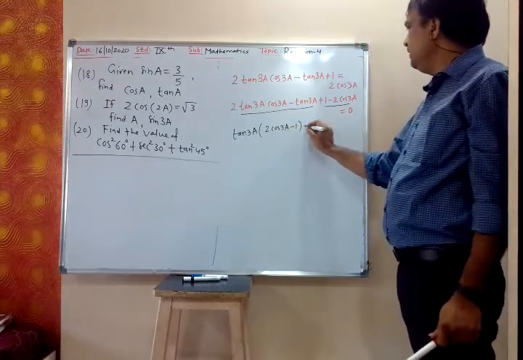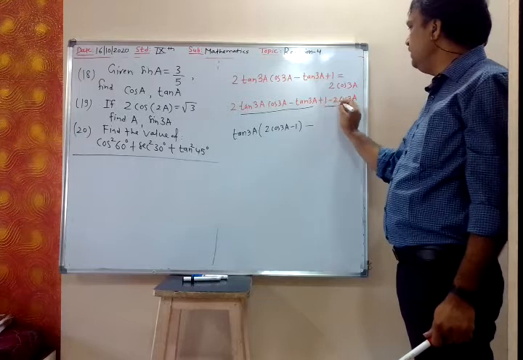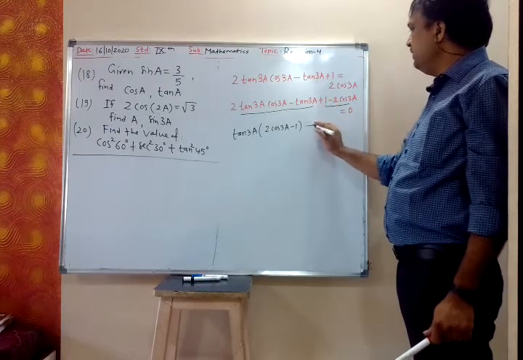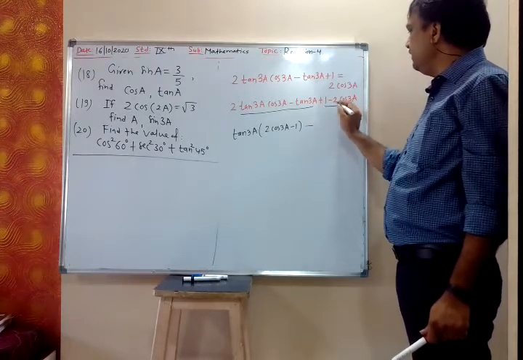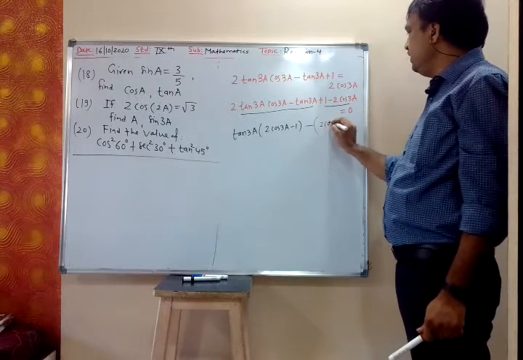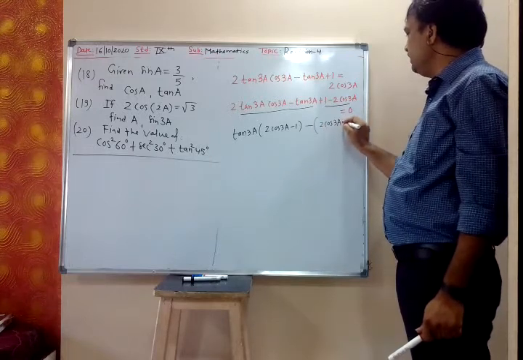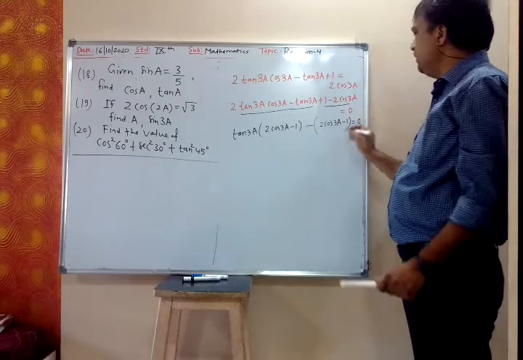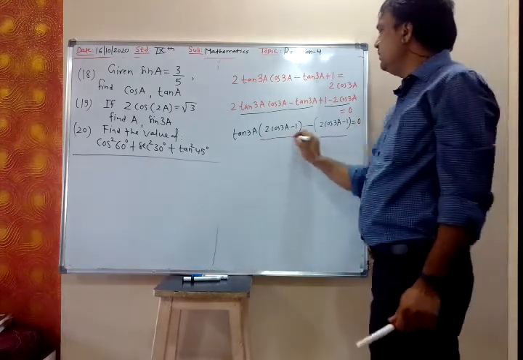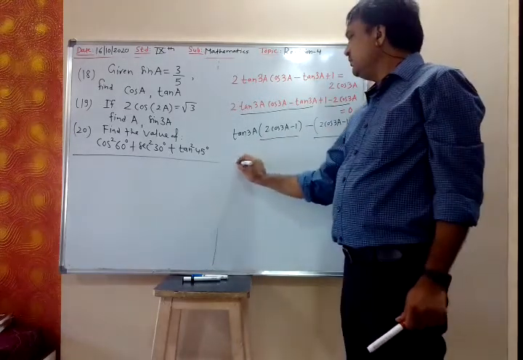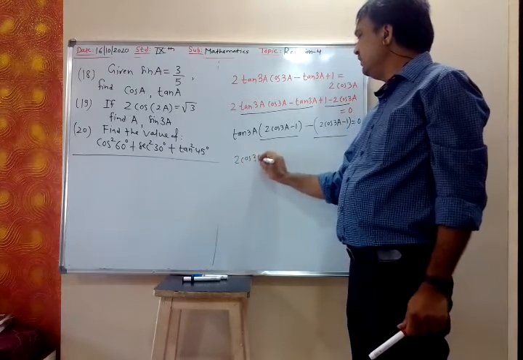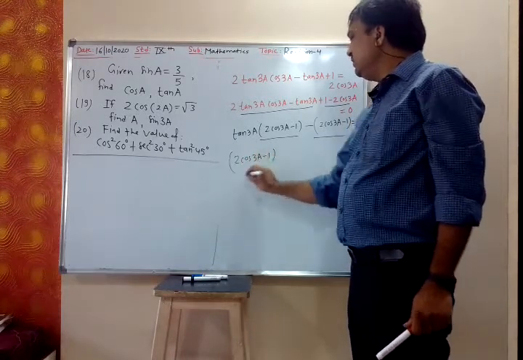And in these two I will take minus sign. When I take minus sign, I will write down this first, that is 2 cos 3a minus 1 is equal to 0. Now 2 cos 3a minus 1 is common. Then what is left?